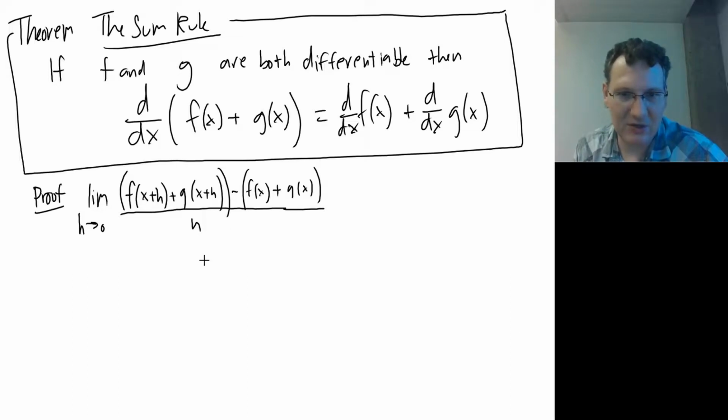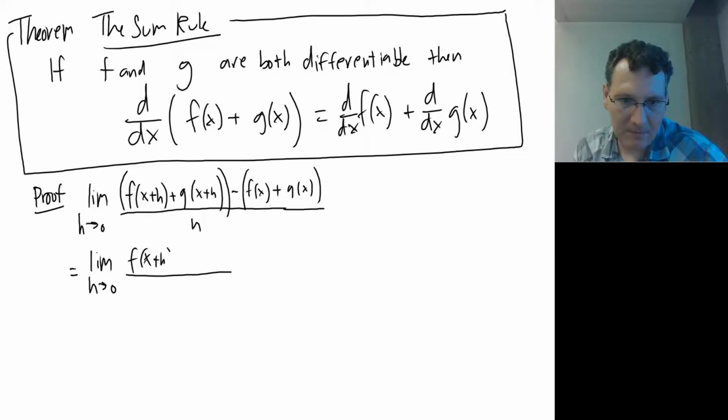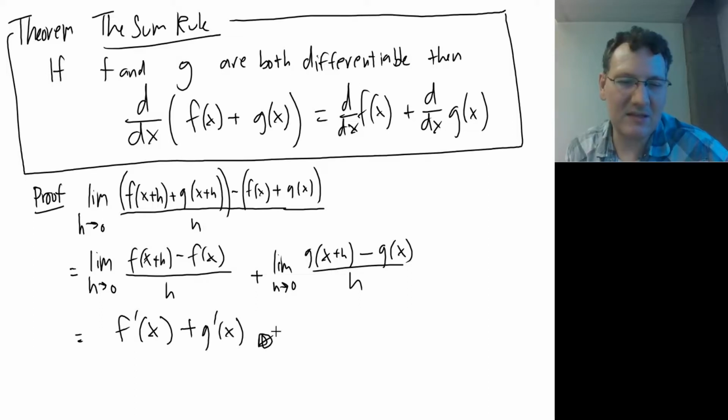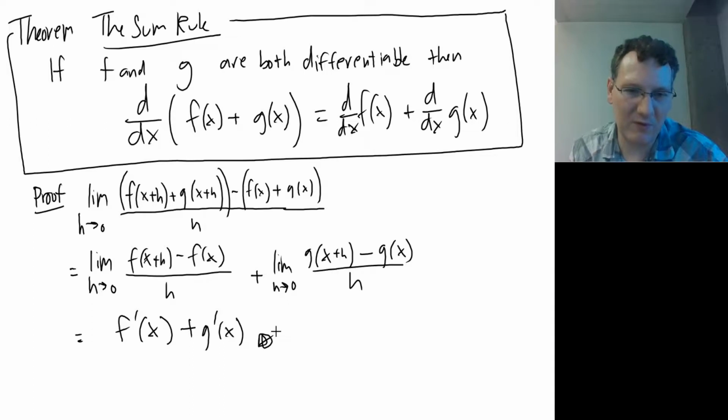By facts about limits, though, this can be separated out as two limits: the limit as h goes to 0 of f of x plus h minus f of x over h, plus the limit as h goes to 0 of g of x plus h minus g of x over h, which is simply f prime of x plus g prime of x. So this is just something that we can prove using facts about limits that we've already worked with.